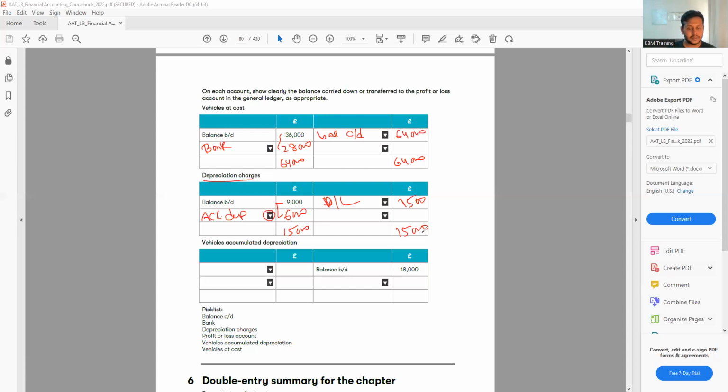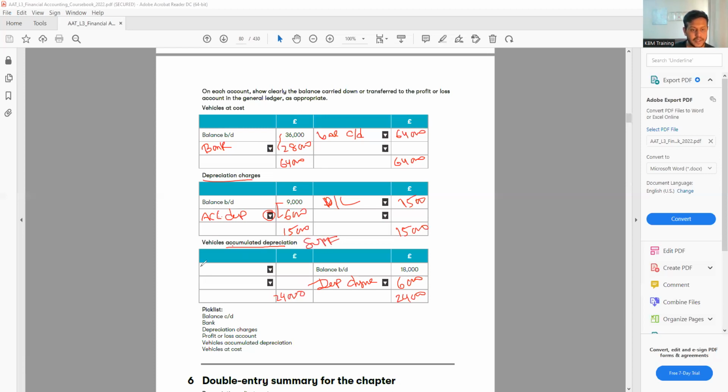Then you have a vehicle accumulated depreciation. Accumulated depreciation is always credit. On the credit side, we're going to write the depreciation charge. And that is our 6,000 that we have calculated. And 18 plus 6 is 24,000. And this item belongs to SOFP.